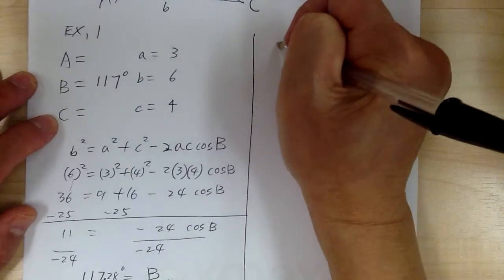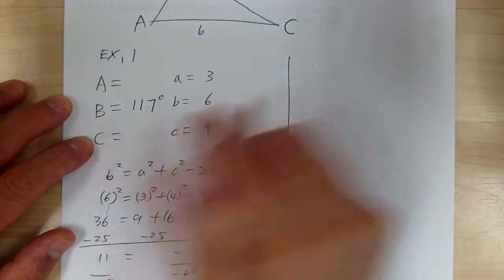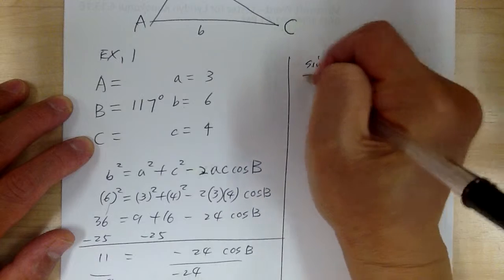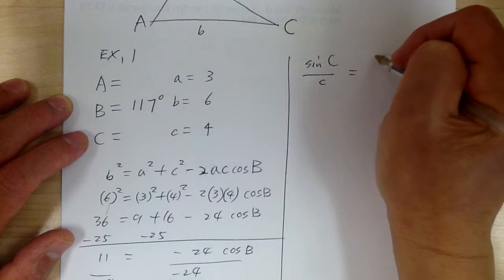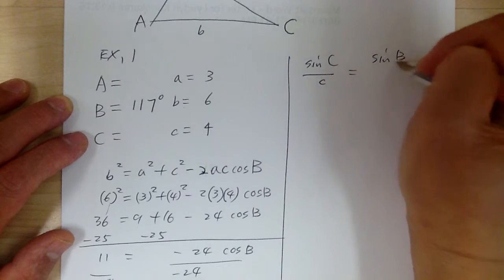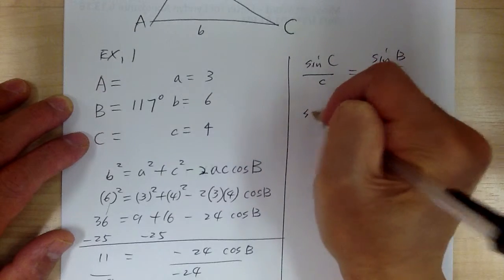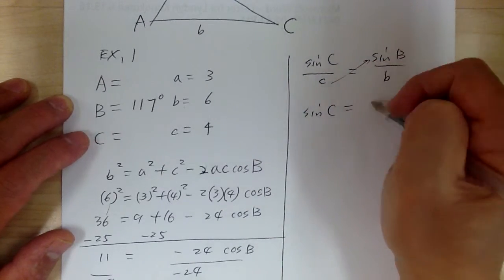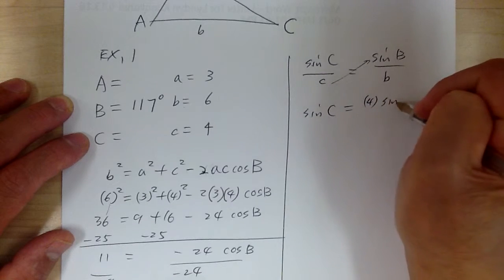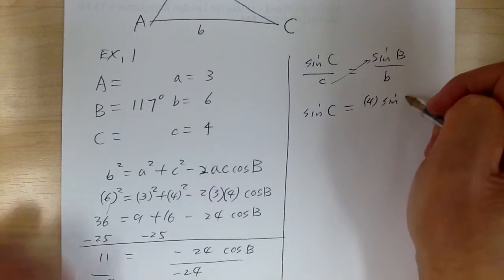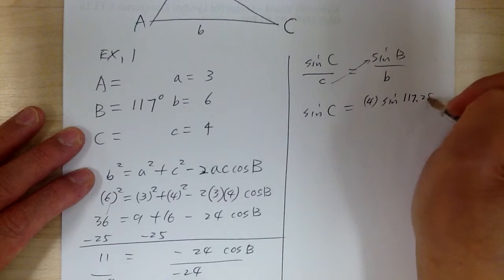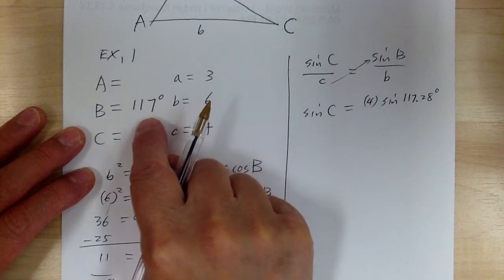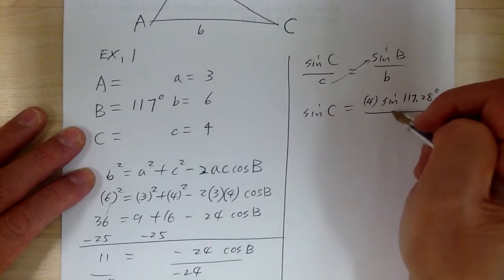Since I'm looking for angle C, I'm going to write down sine C. Whatever I'm looking for, I write it down first. So sine C over c equal to sine B over b. So sine C is going to be 4 times sine of 117.28, again using extra digits in the calculation, but when you write it down you can cut off some digits, over 6.